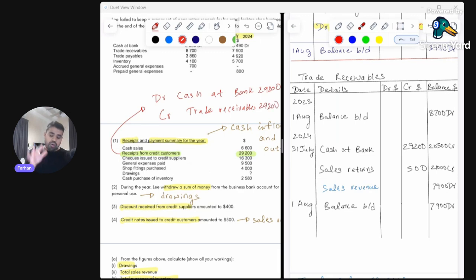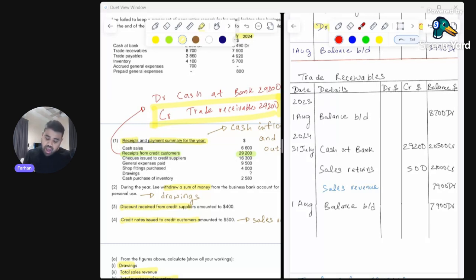This is something you have already seen in the cash at bank ledger account. But now that we are doing the trade receivables ledger account, we understand that the trade receivables ledger account itself must be credited by $29,200, with the relevant cross-reference in the details column being the cash at bank. So let's see the trade receivables ledger account.